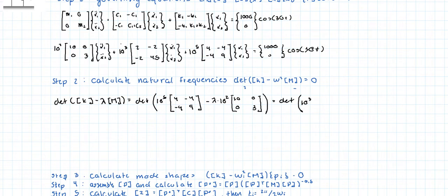10 to the 3, 400 minus lambda, minus 400, minus 400, 900 minus 0.3 lambda.